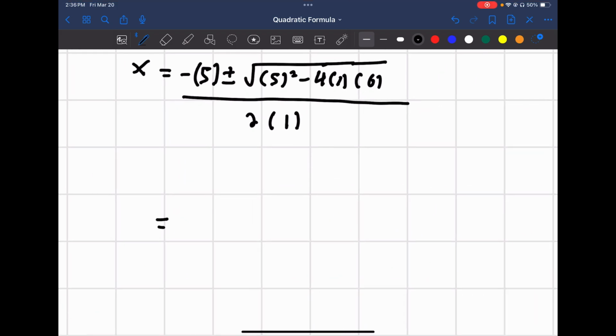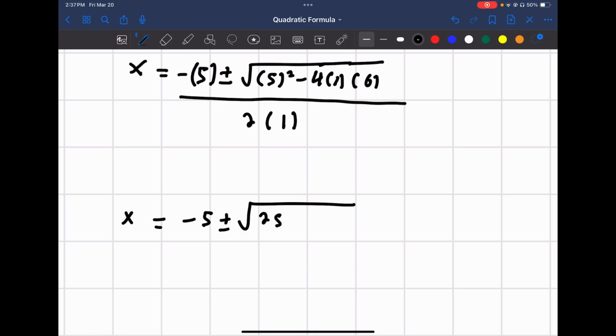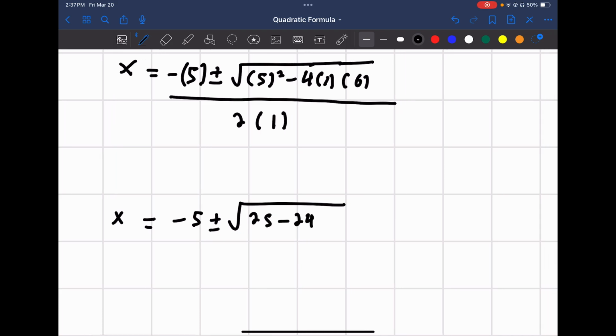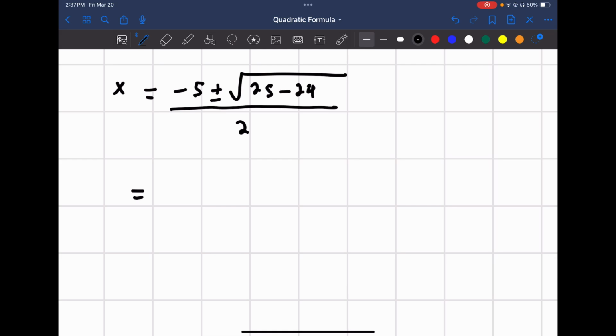So x is equal to minus 5 plus or minus the square root of 5 to the power of 2 is 25, minus 4 times 1 times 6 is 24, over 2. And now let's just keep solving for this. So it is negative 5 plus or minus the square root of 1 over 2.